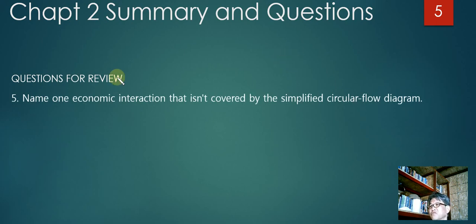In question 5, name one economic interaction that isn't covered by the simplified circular flow diagram. Even though we have explained the economy in reality by adopting the circular flow diagram, right?